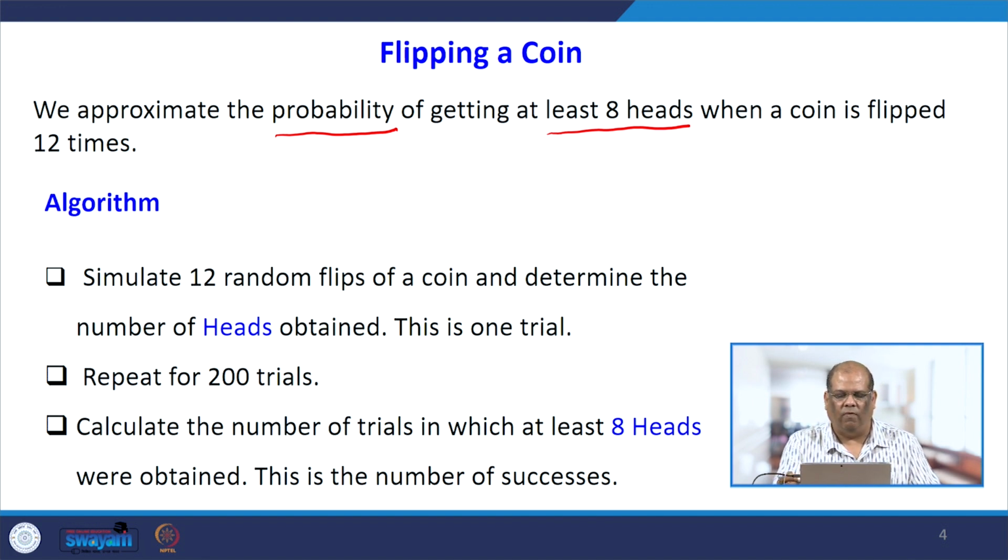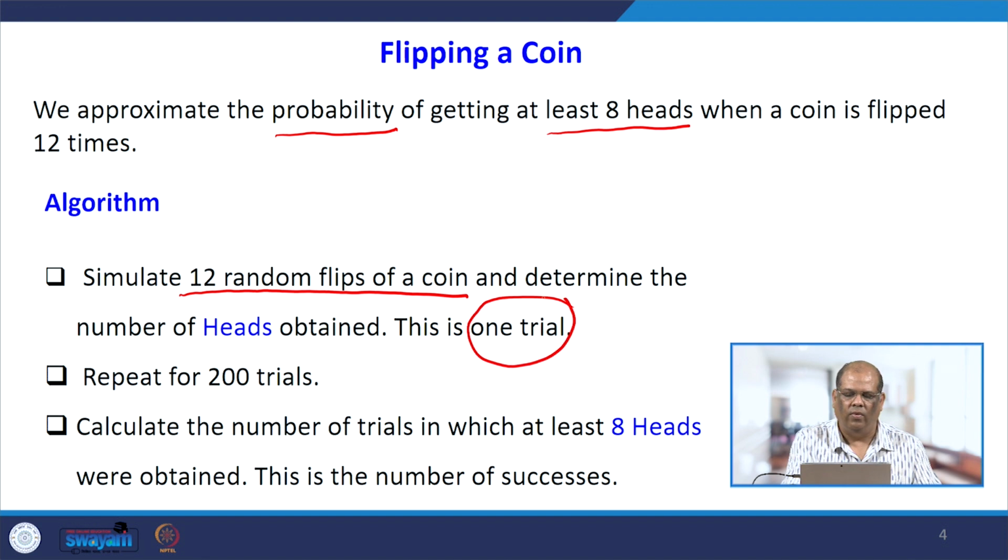The first thing is that you simulate 12 random flips of a coin. So, 12 times you toss the coin and note the results. That is one trial. Then you repeat it many times, in this case 200 trials, and calculate the number of trials in which at least 8 heads were obtained.